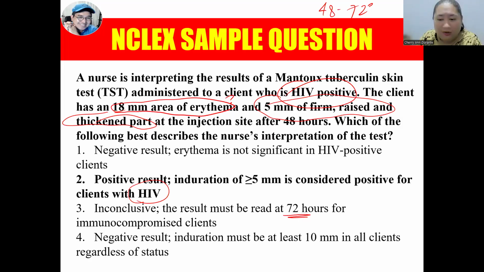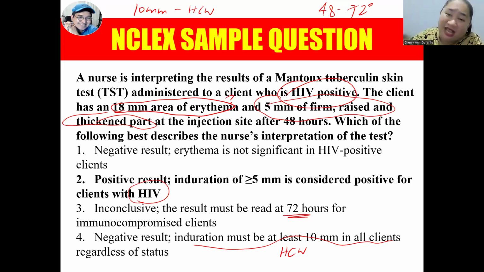Okay? So normally, if you're a health worker with moderate risk, 10 millimeters is considered a positive induration. So the induration must be at least 10 millimeters. This is positive for healthcare workers or those with moderate risk, those who are exposed to it. For example, this is NCLEX based.